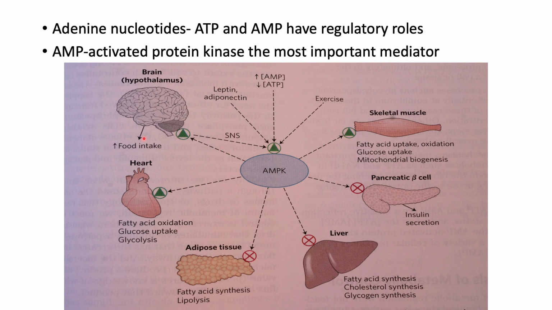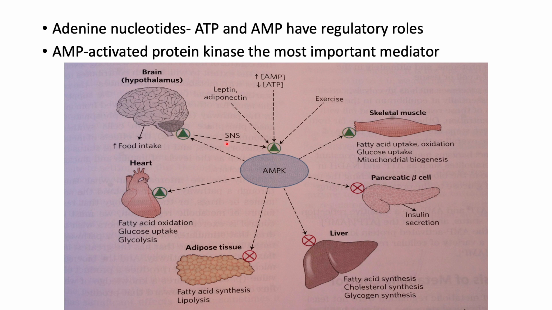In this example, we have adenine nucleotides also providing regulatory roles. These are inhibitory steps here with AMP kinase. You can have stimulation of this entity through exercise, through increases of AMP or decreases of ATP. So there is an energy requirement here.